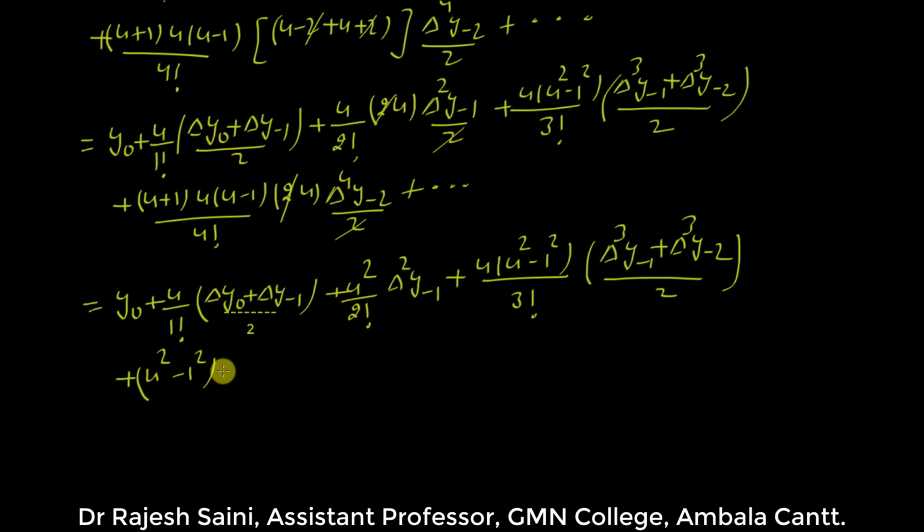This u will be u square by 4 factorial. This is delta 4 y minus 2 up to and so on. So this is your yx. So which is the required Stirling formula?